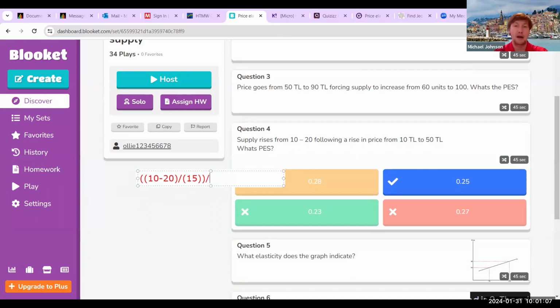And then divide that by 10 minus 50, and the midpoint between 10 and 50, which is 30. The top would be negative 10 divided by 15, and the bottom negative 40 divided by 30. That's how you do that.